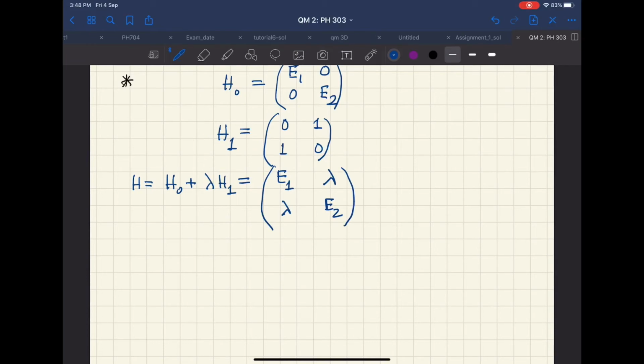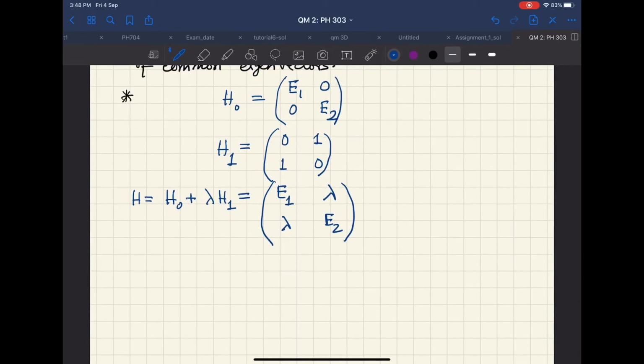This will be my total Hamiltonian of the system, where this is the known unperturbed Hamiltonian. We need to find out the spectrum, that means the new eigenvalues.